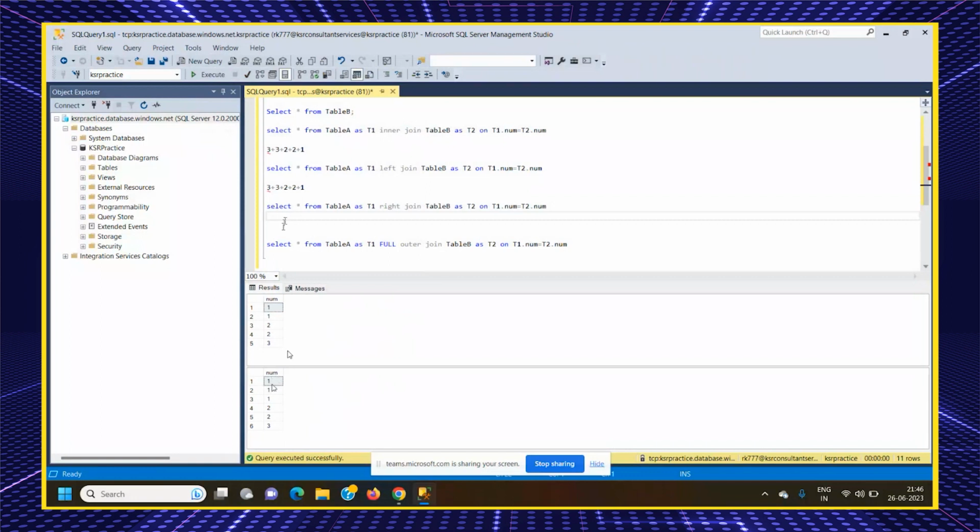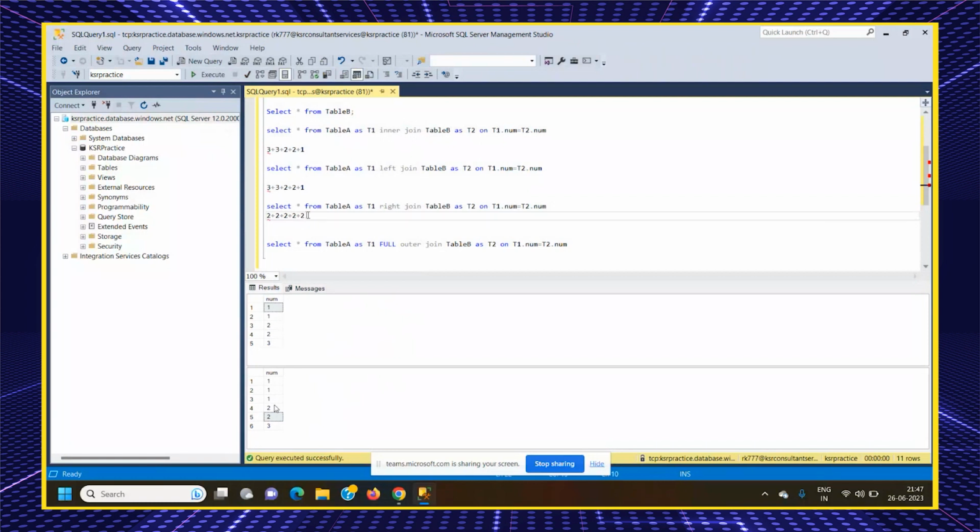So here in table B, we have 1, 3 times 1. For every 1, we have 2 similar ones, so 2 plus 2 plus 2. For this 2, we have 2 similar 2s.